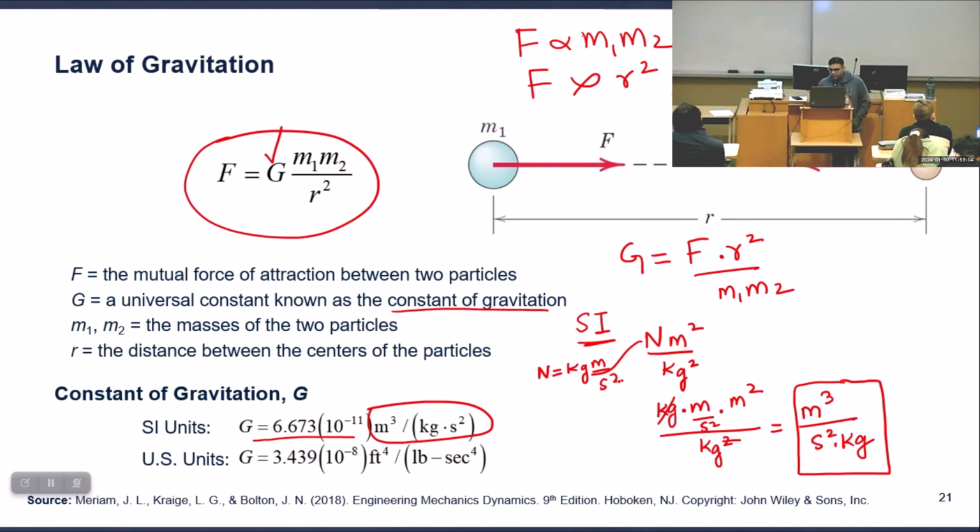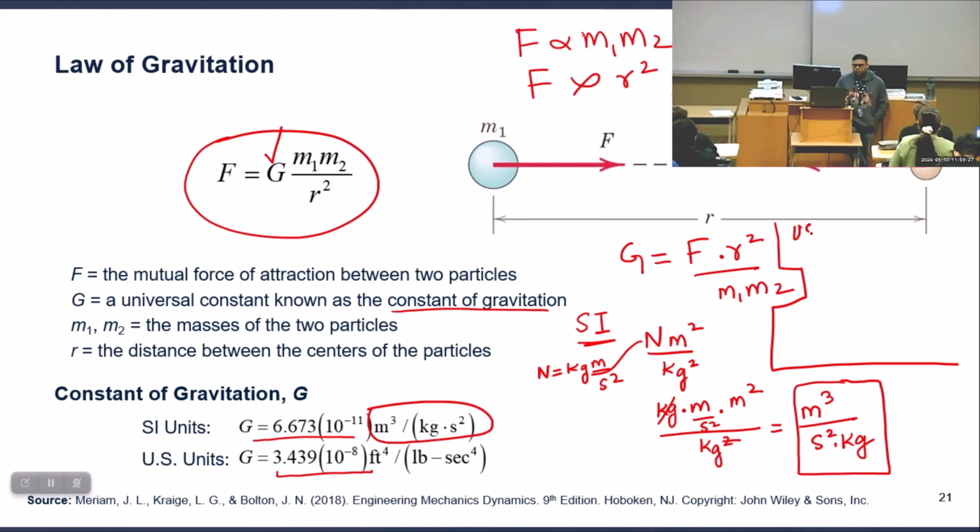In US customary, the same G will have a different value and also a different unit, because of the same difference that mass is considered a derived quantity in US, but force is considered a derived quantity in System International. So in US units, let's derive the units of this capital G, again using the same expression, F R square over m1 m2.